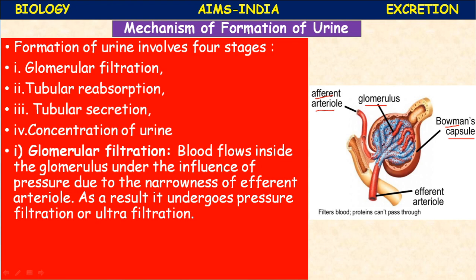So for this filtration, the pressure required is provided by the narrowness of this efferent arteriole. Okay. Then what are the substances that are filtered into the glomerular capsule? Okay, this is the glomerular capsule. What are the substances that are filtered? Okay, just now we have discussed. They are the urea and the nitrogenous waste materials.